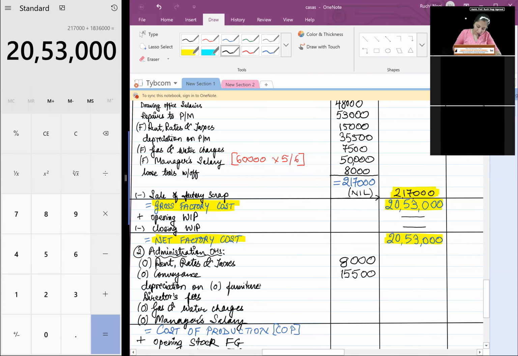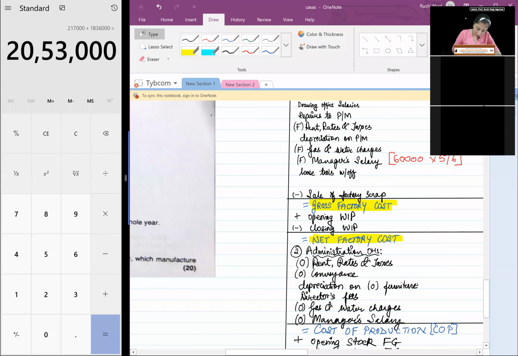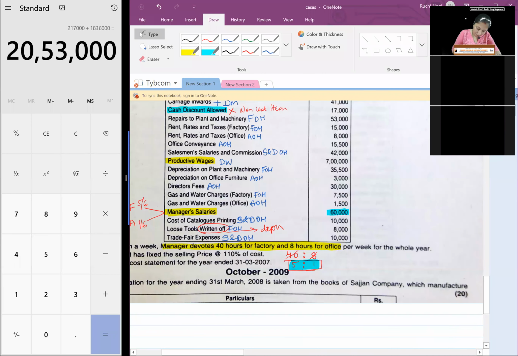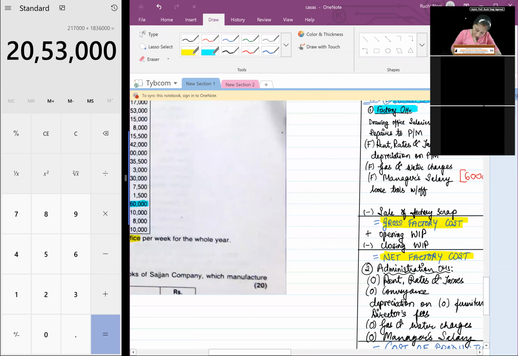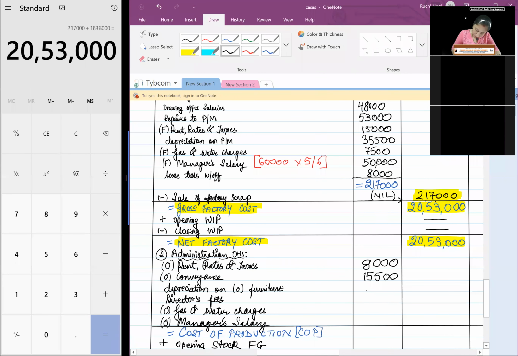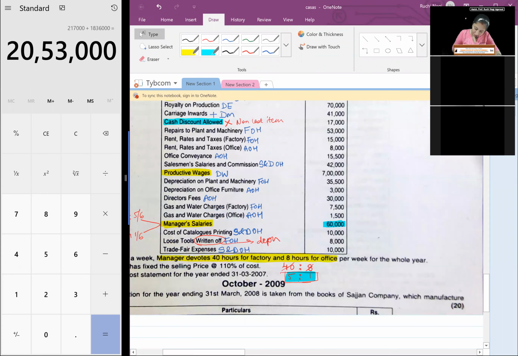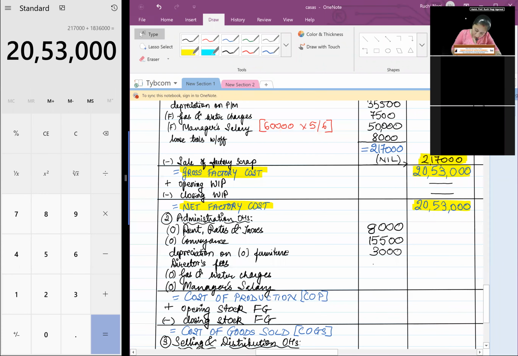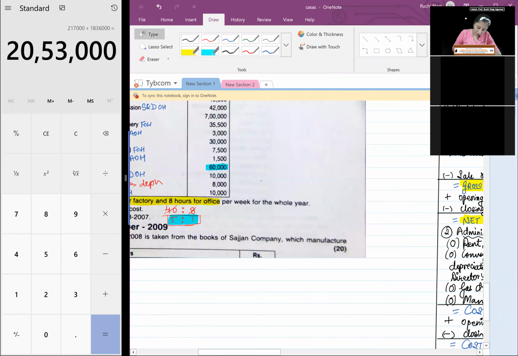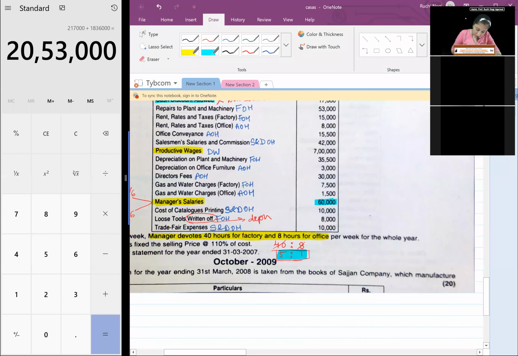Next, depreciation on office furniture, 3,000. Director's fees, 30,000. Gas and water charges of the office, 1,500.